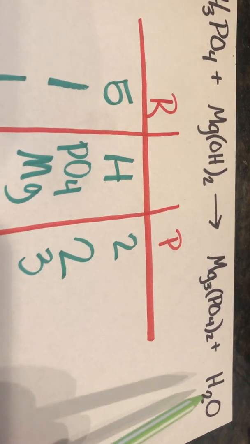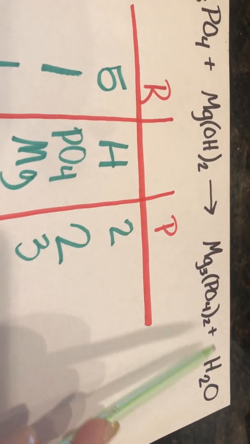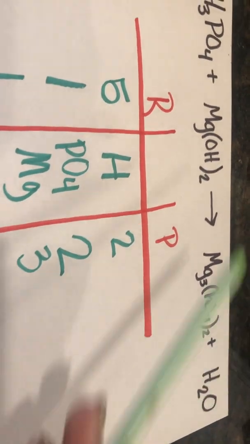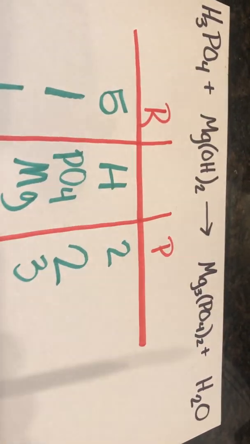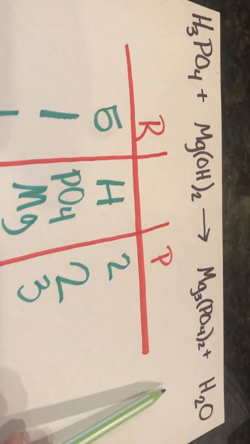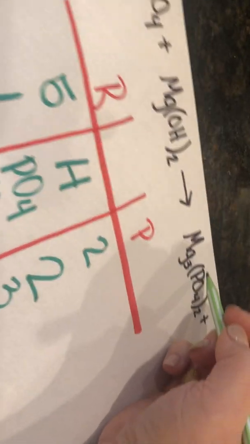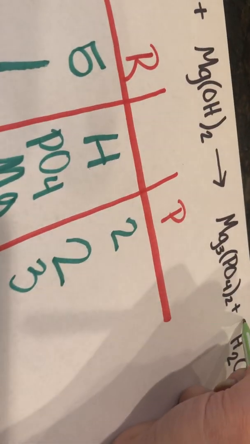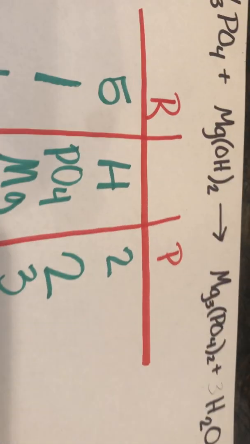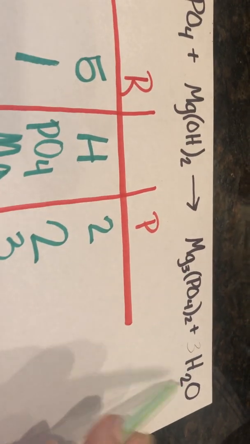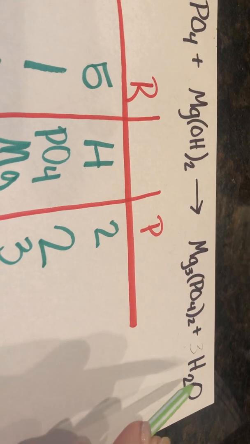Because I have 2 over here, I'm not going to be able to put a number over here and have it equal 5. So I know I'm going to have to be fixing something over here as well. So for hydrogen, let's put a 3 here. That makes 6 hydrogen, 3 times 2.